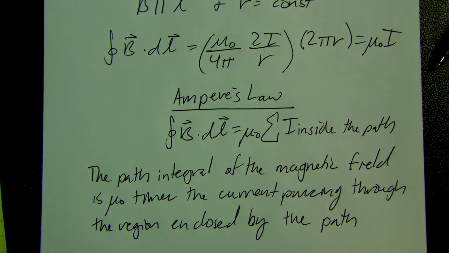And just like Gauss's law, it's only what's on the inside that counts. So if the current is outside of your path, it's 0. It has to be inside your path.